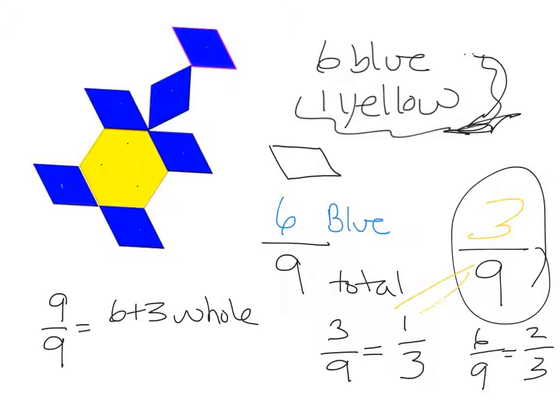So it's clear still that there are more blue, but not 6 times as much. There's 2 times as much blue than there is yellow.